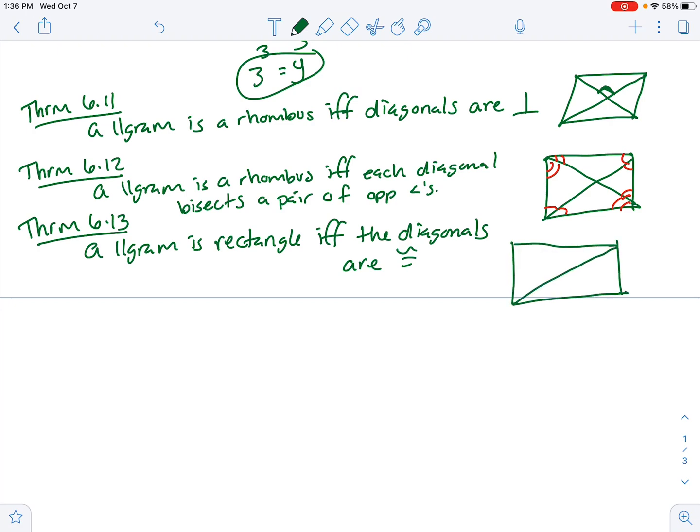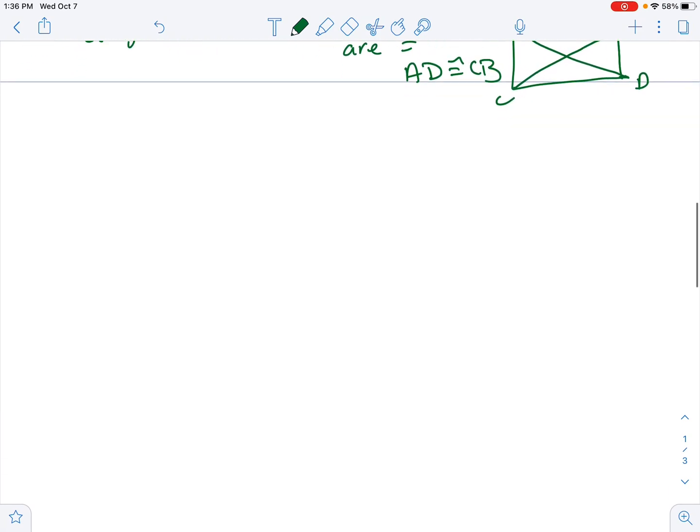So we know this guy's a rectangle if these diagonals are congruent. So let's call this A, B, C, D, which means AD would be congruent to CB. Okay, so those are your theorems. Now let's practice a couple.